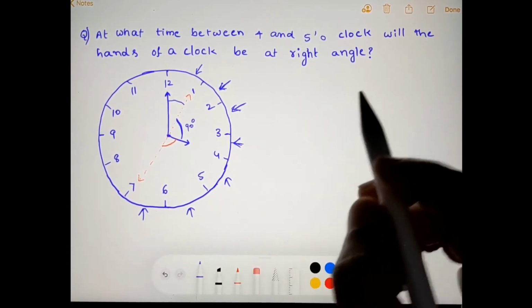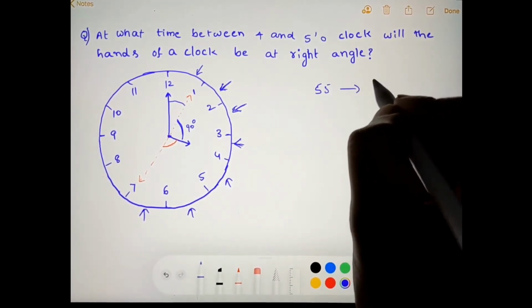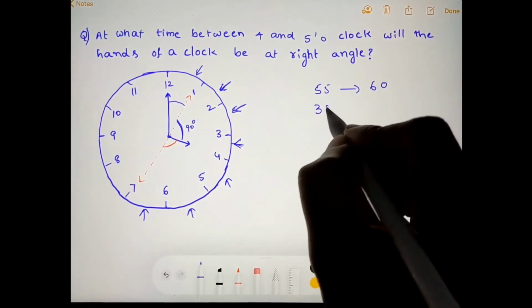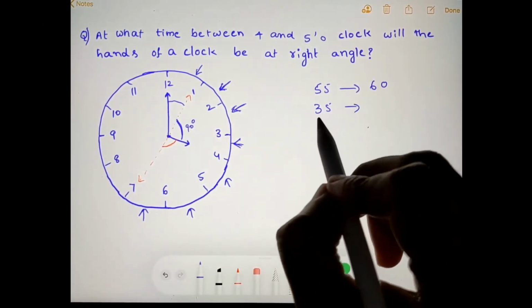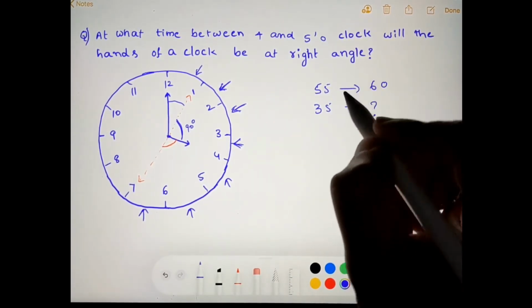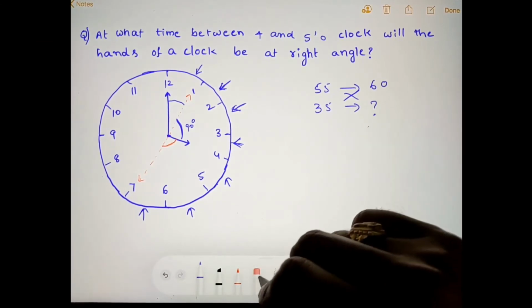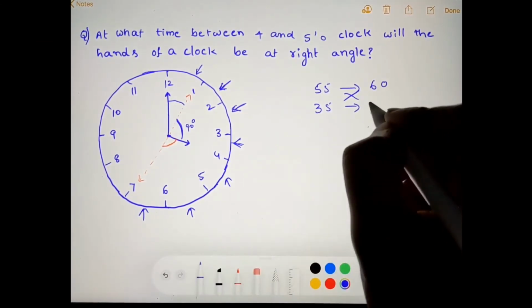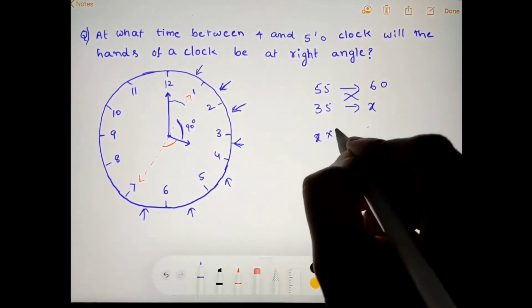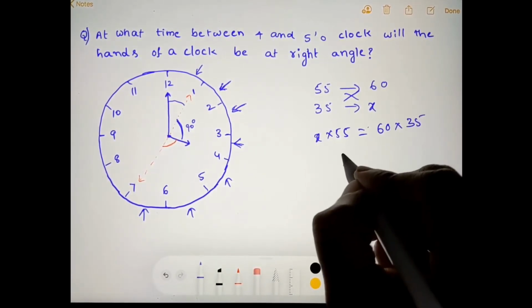As we already know, 55 minute spaces can be gained in 60 minutes. So to gain 35 minute spaces, long hand takes how much time? We don't know that. So we need to find out. Do the cross multiplication and let this be x. So x into 55 is equal to 60 into 35.